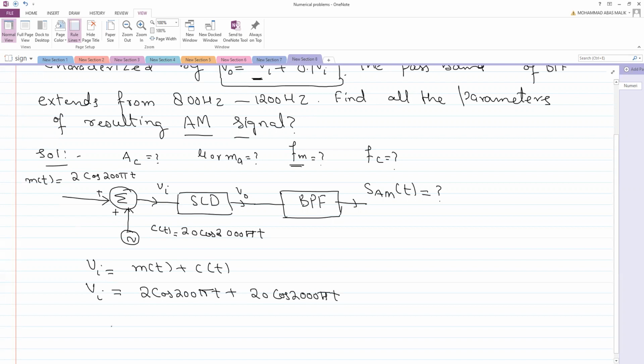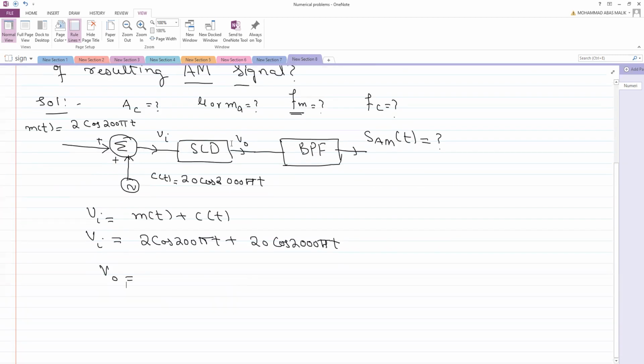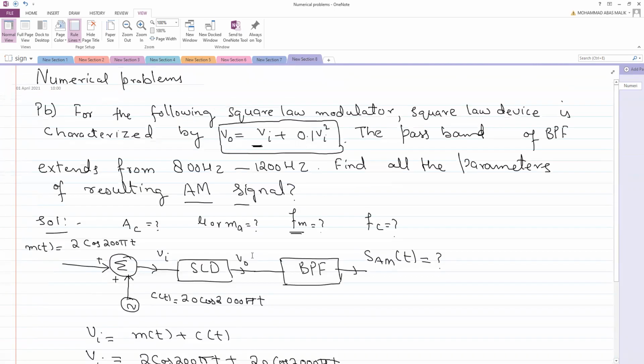Now what's V output equal to? That's already given by the equation in the question: V output, the output of the scalar device, equals Vi plus 0.1 Vi square.